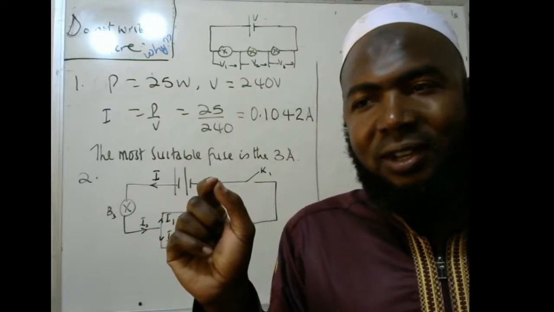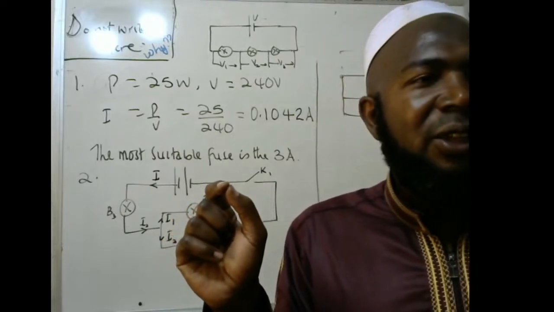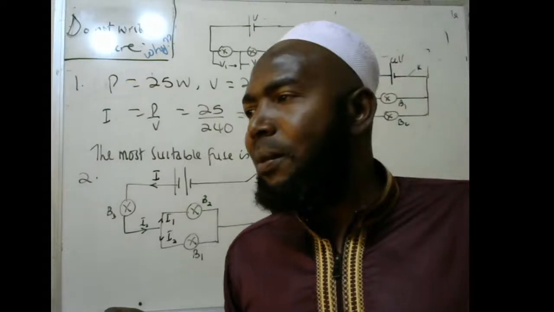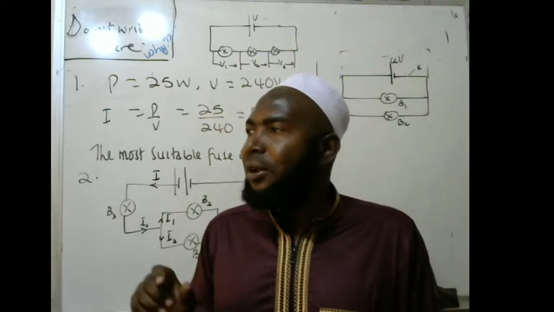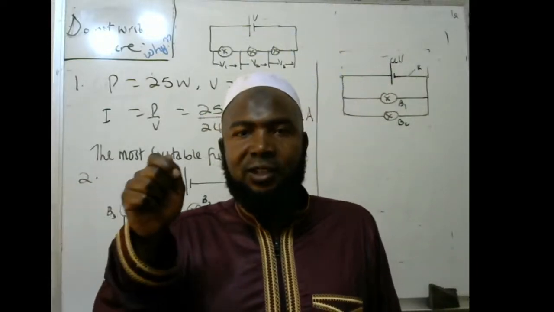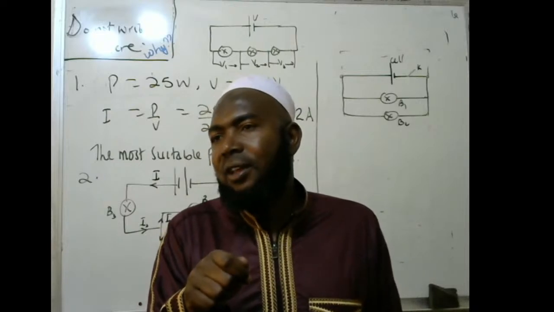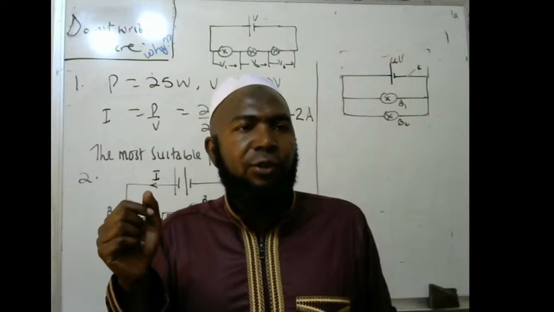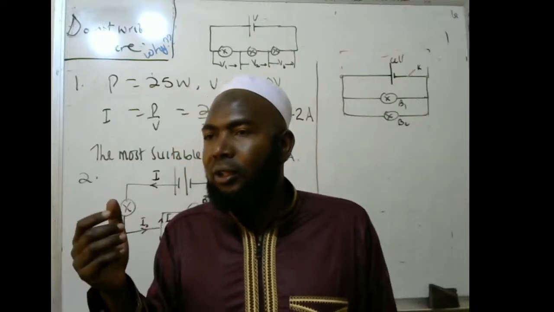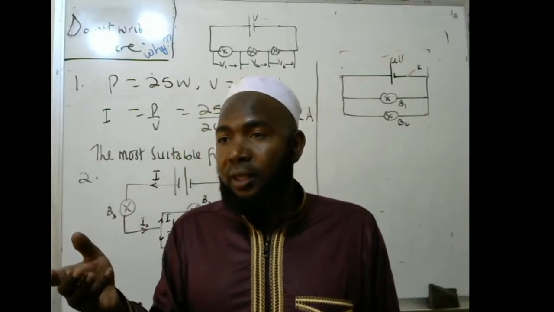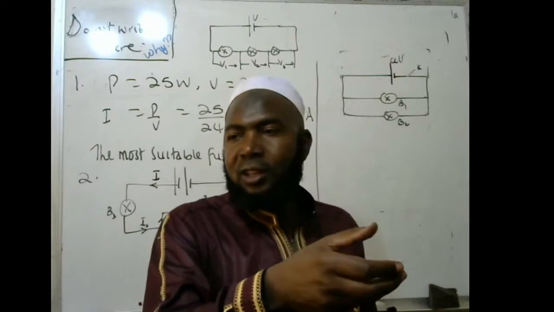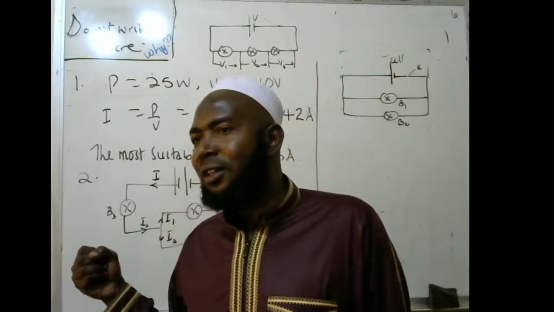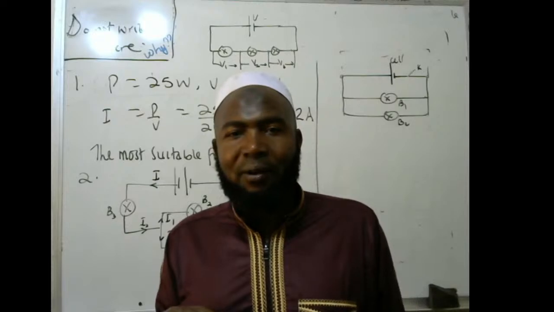What Umeme used to do, they bring their fuse and fix it in the meter. So once you have used up all your power, or you have failed to pay, they simply come and collect the fuse, and then you remain with no power.